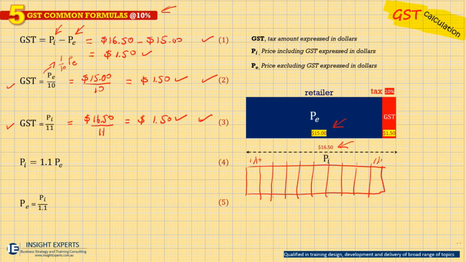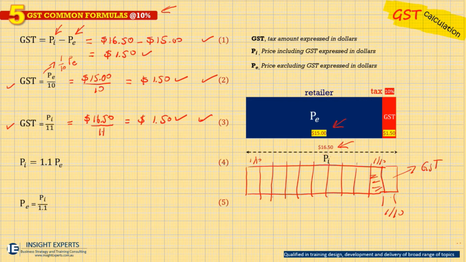What the taxman is telling the retailer is to take 1/10 and add it on top of the recommended retail price, and that becomes the payable GST. So the GST is equal to 1/10.